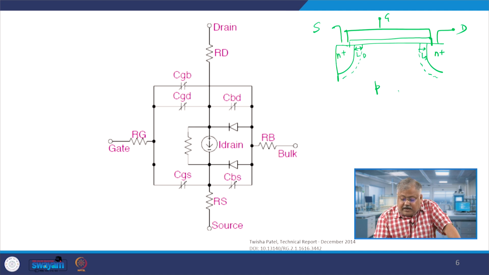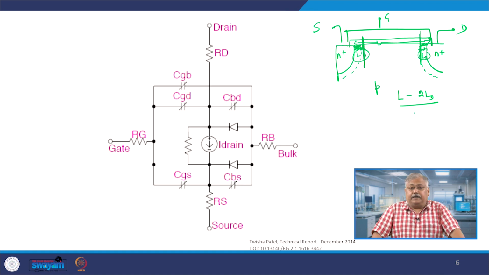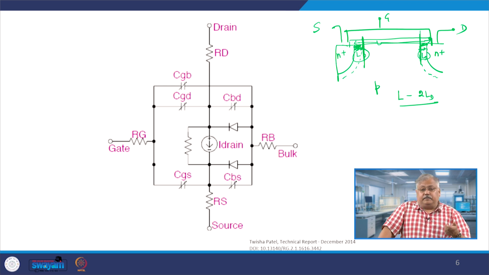Then the effective length is L minus 2 times LD. Why? Because this is the total dimension length, this is this minus this plus this. So, this is one LD, this is another LD. The effective channel length between this point and this point is exactly equal to L minus 2 LD, where LD is basically the depletion width on the source and drain side.